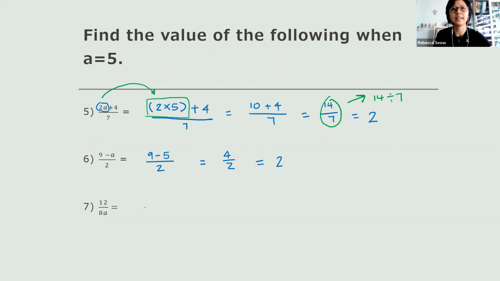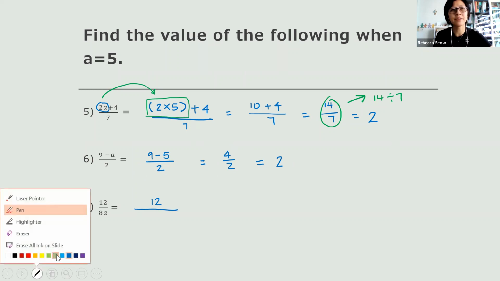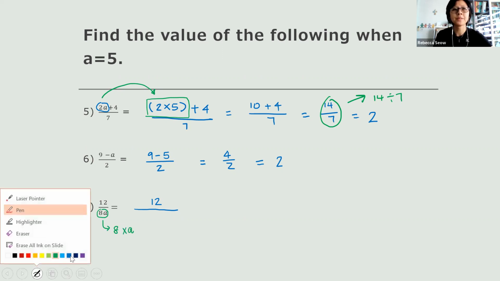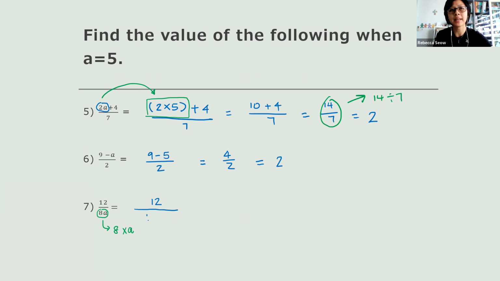And the last question, 12 out of 8a. 12 in the numerator remains. Now, do you recall what 8a stands for? When you have a number and a letter, this means you take 8 multiplied by the value of a. Okay? So 8 times a will be 8 times 5 in the denominator.